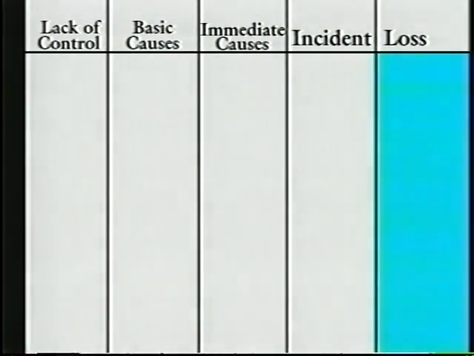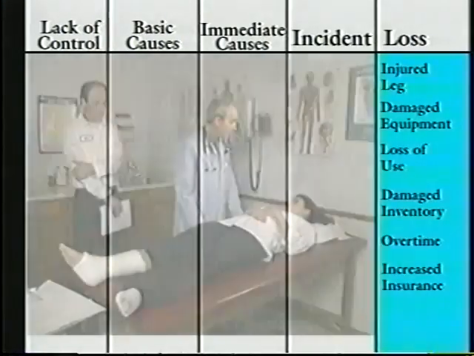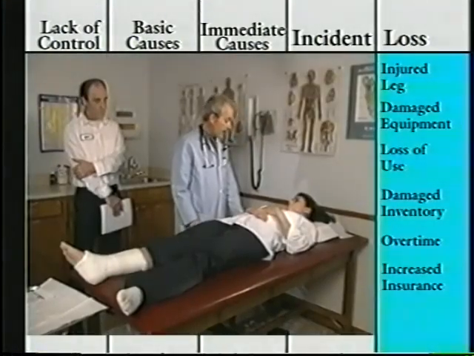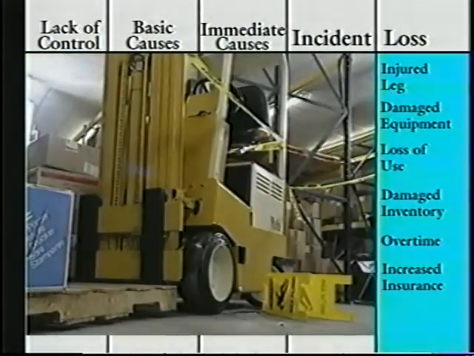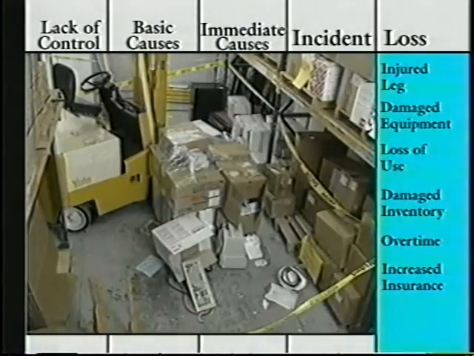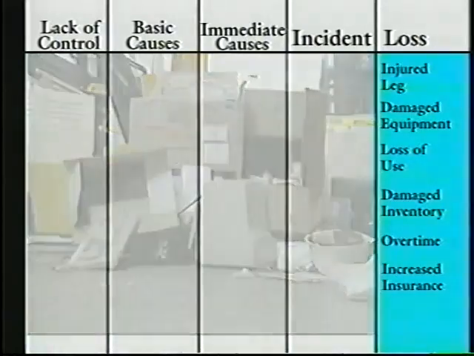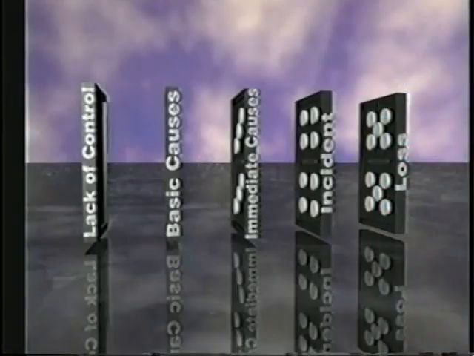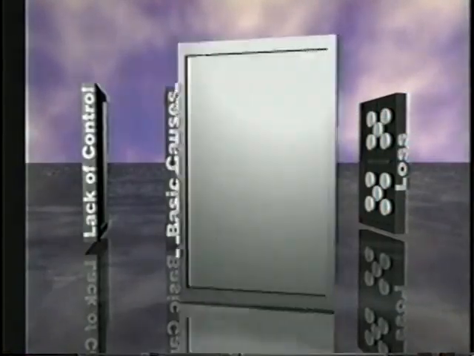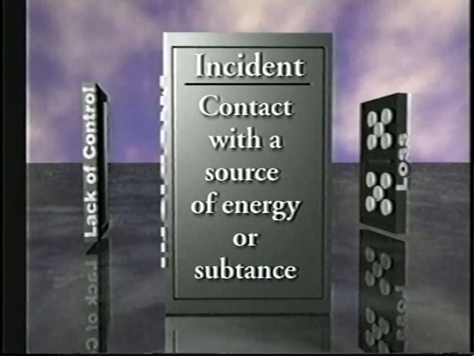Possible losses for this accident include injured leg to Lisa, the QC supervisor, damaged equipment, loss of use of the warehouse for 1 day, damaged inventory, and other hidden costs. Underneath the incident section, list the contacts with forms of energy or substances that were responsible for that loss.